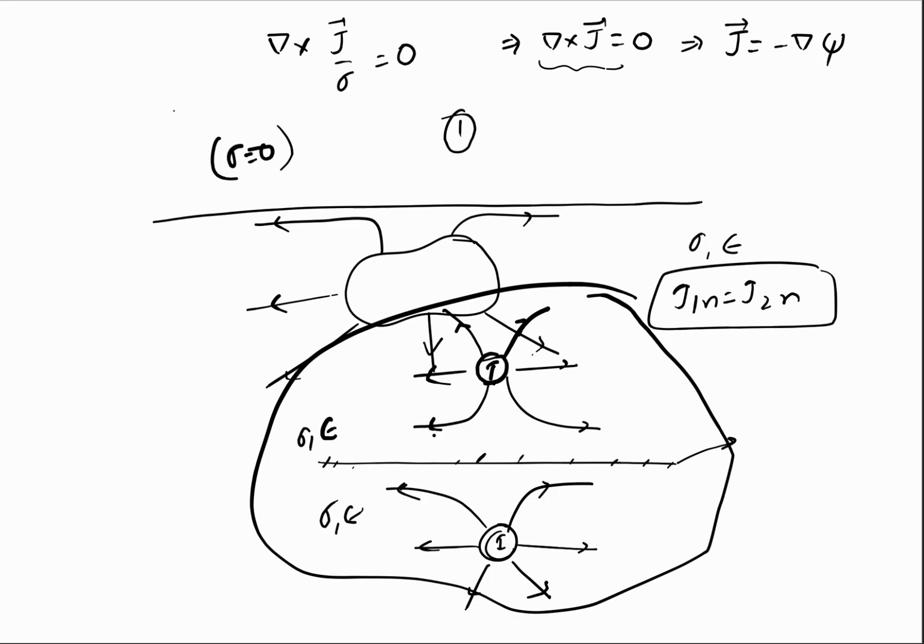So for a case, let us say that there is a hemispherical electrode which is buried in the soil, and this electrode has a radius of a.